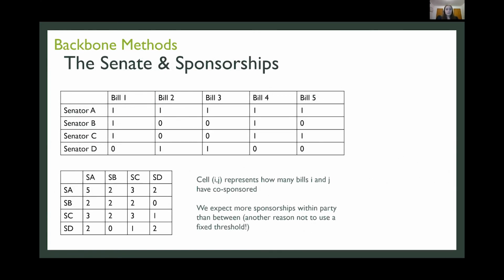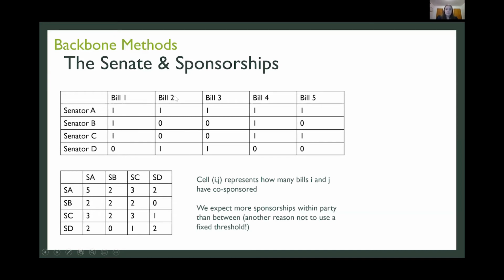So this is a snippet of some real data I've been working with. These values are not exact, but in reality, I'm working with a very large data set of senators and bills they've sponsored. So this is an example of what this data looks like. It would have all of the senators in a certain session, all of the bills that were proposed, and then each senator gets a 1 if they sponsored or co-sponsored that bill, and a 0 if they did not.